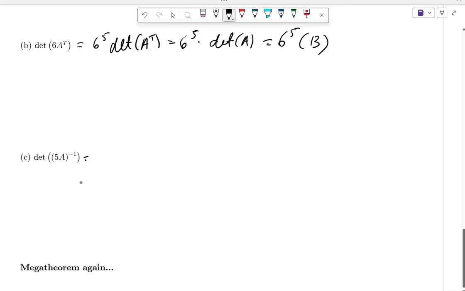Okay, so yeah, let's take care of the 5 first, and then worry about the determinant. To take care of the 5, since it's inside the inverse, it becomes what? 1/5 A inverse, right? Because it's going to invert the constant. And then now you can pull the constant out, so it becomes 1/5 to the.